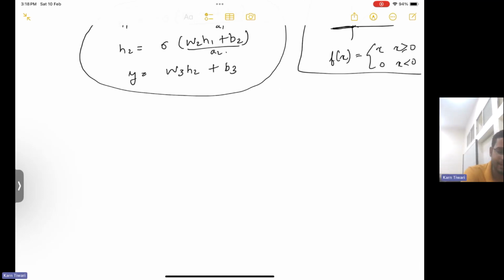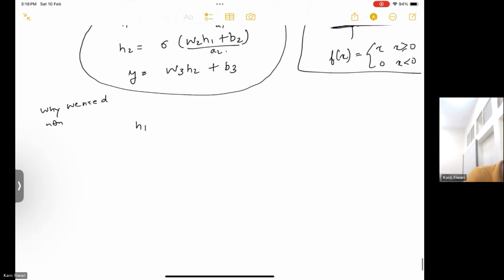Suppose we don't have a nonlinearity, nonlinear activation basically.